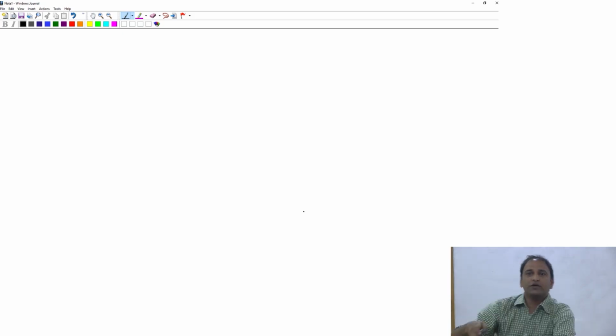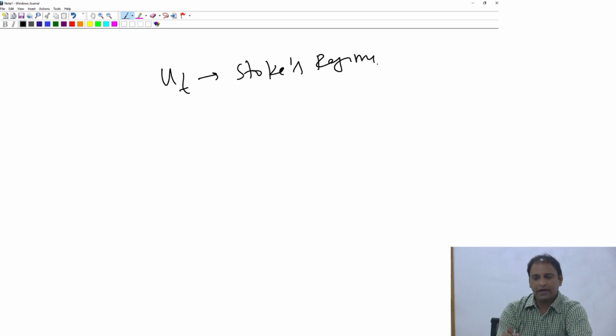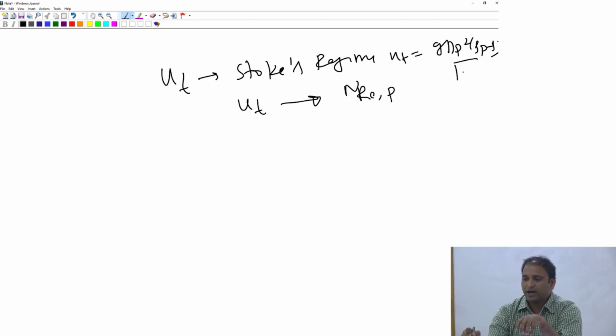So one crude way of doing this would be you calculate your UT for the Stokes regime. You assume that UT is g dP square into rho P minus rho divided by 18 mu.